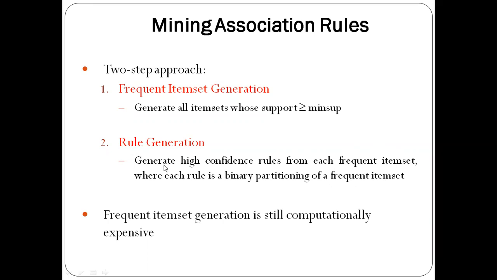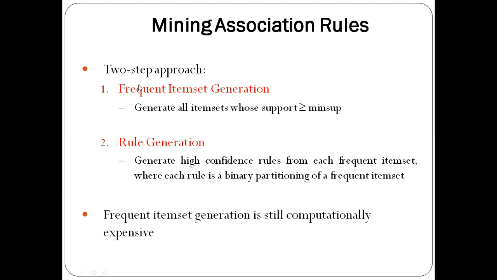We need to generate all the high confidence rules. High confidence means the confidence of the rule which you have calculated must be greater than or equal to the minimum confidence. All those rules will be considered as the high confidence rules, and such rules we will be keeping here. So there are two steps here.